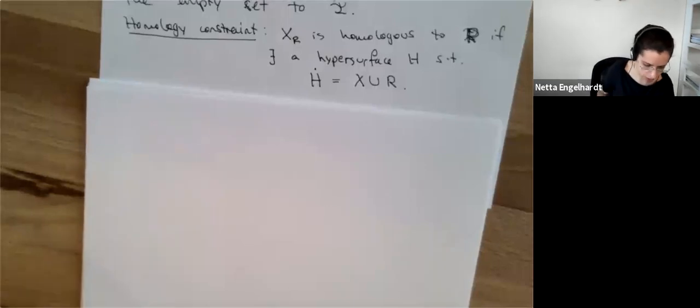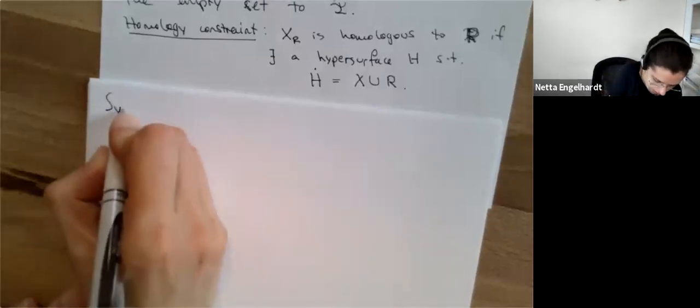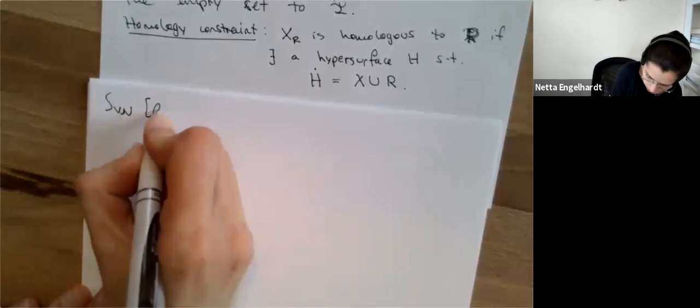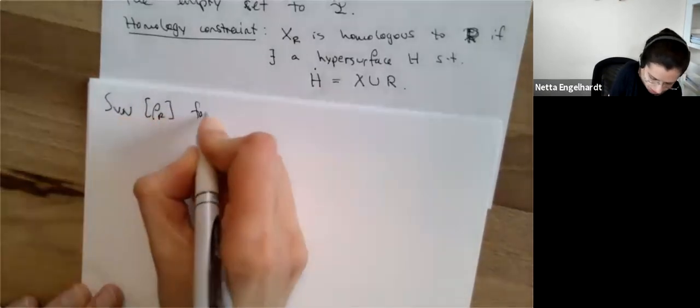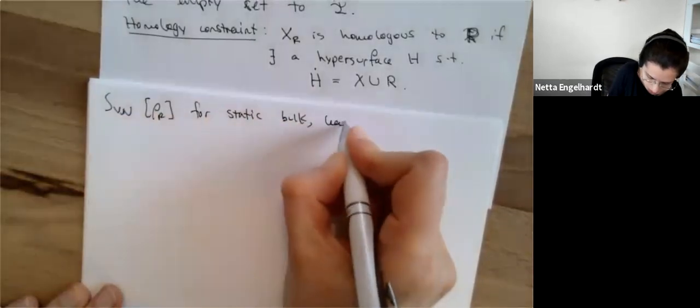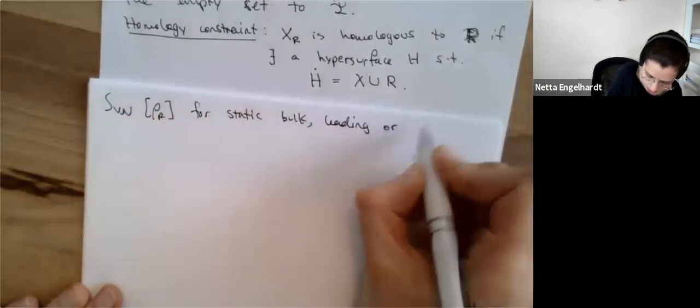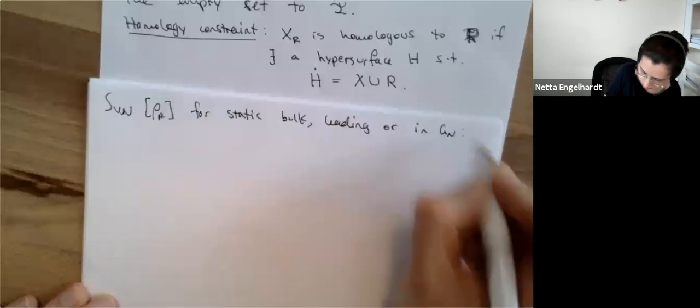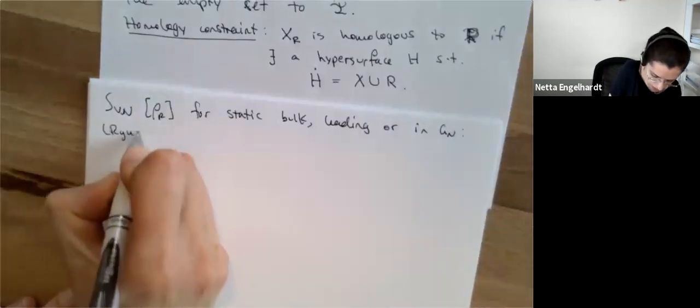Okay, so S_BN of rho_R for a static bulk, leading order in G Newton. And this is due to Ryu and Takayanagi.